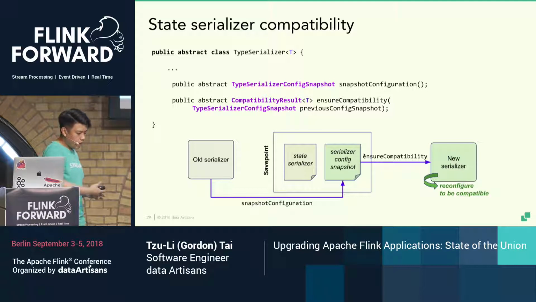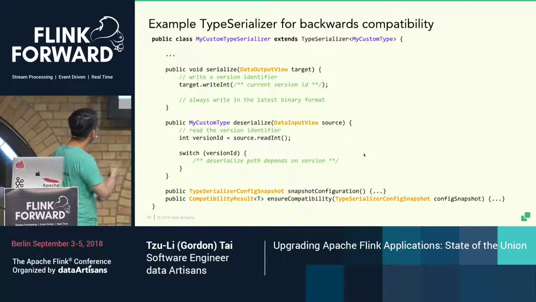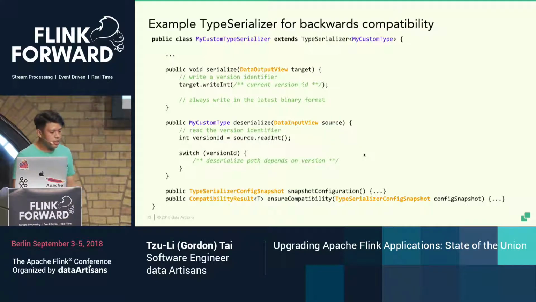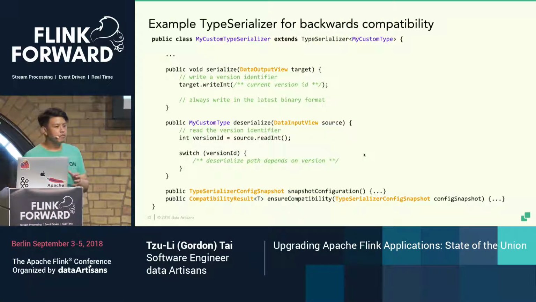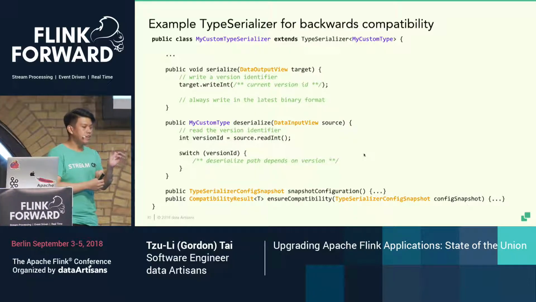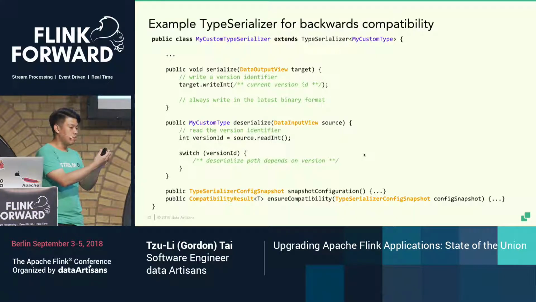So how would you use these 2 methods to implement this fully backwards compatible type serializer? First of all, let's say how you would serialize. This would basically boil down to every time you write something into the state, you would want to tag it with a header that identifies the schema version that it was written with.